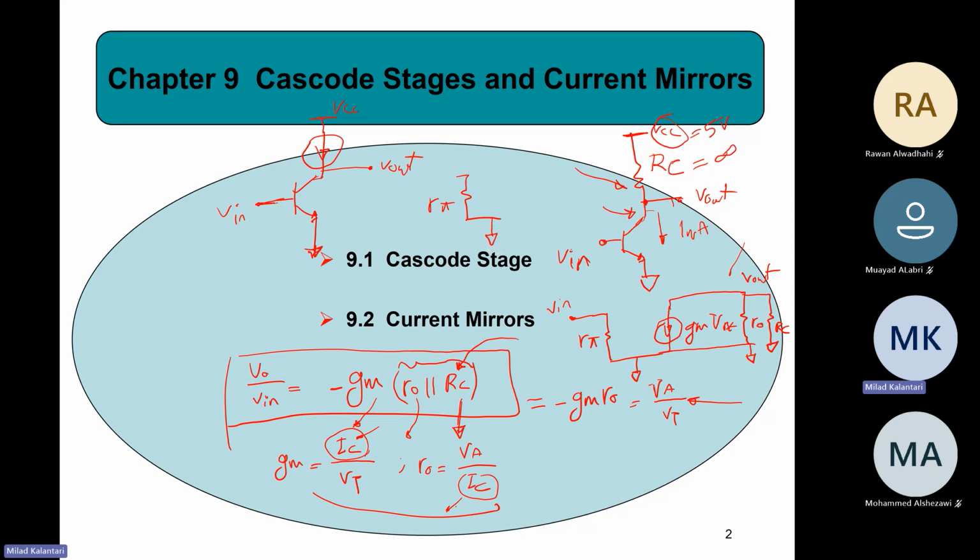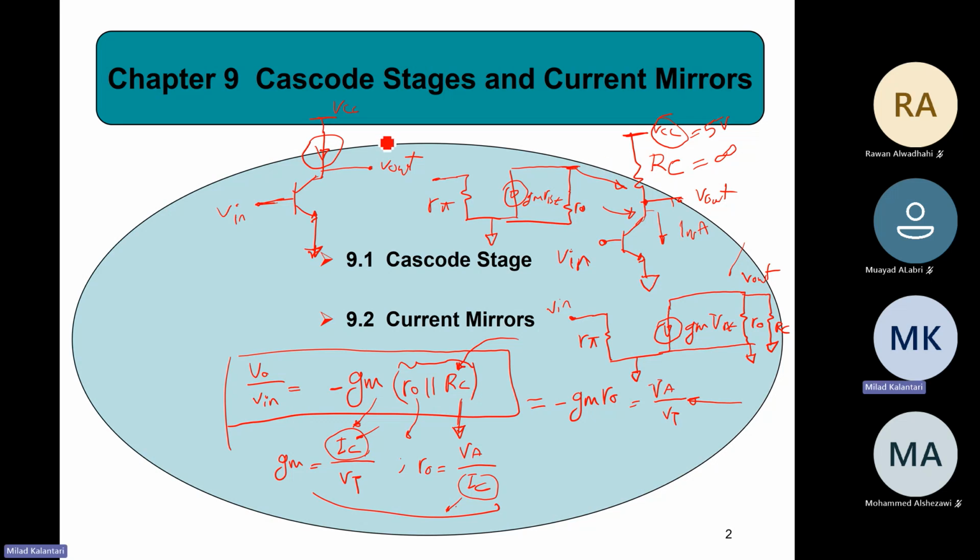For the small signal, the voltage sources are short. The VBE, they are out of the device. So what should I do for this current source? It's open, right?